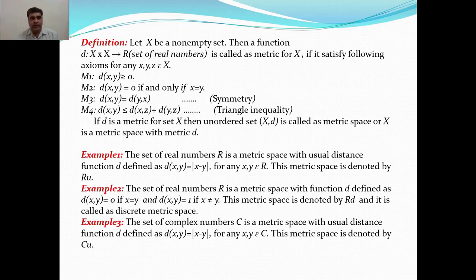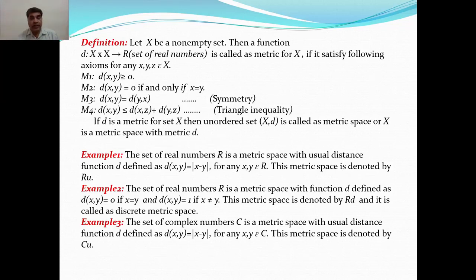We know that the absolute value of x is always a non-negative number, that is, for any real number x, mod of x is greater than or equal to 0. Mod of x is equal to 0 if and only if x is equal to 0. Mod of x plus y is less than or equal to mod x plus mod y. We are familiar with these properties of the modulus function.